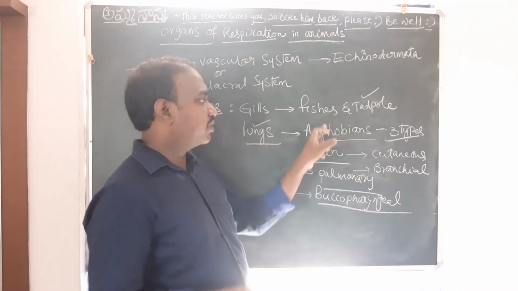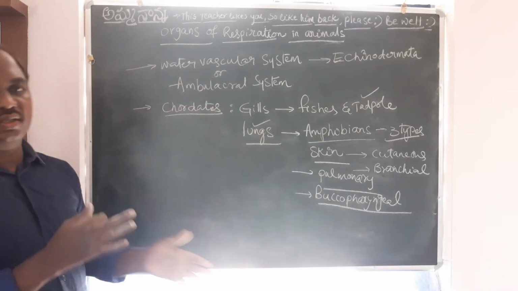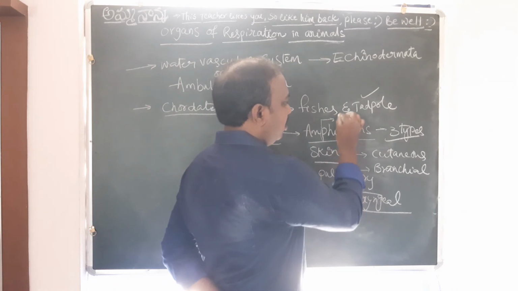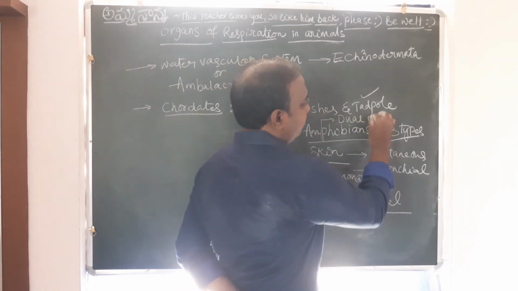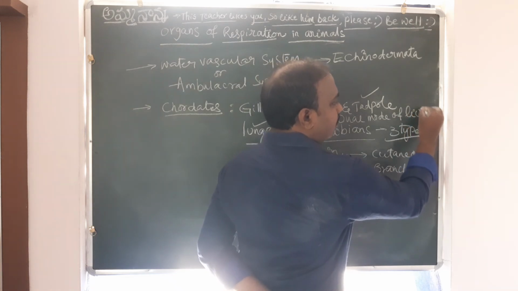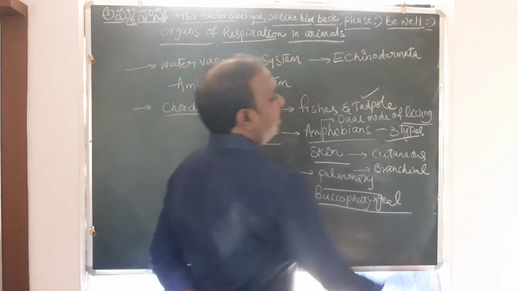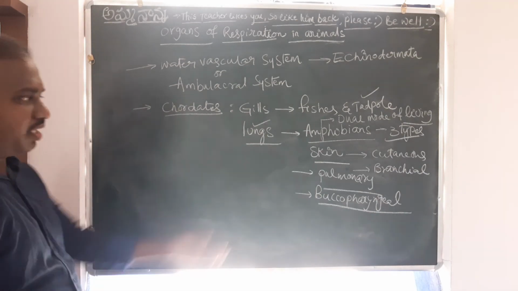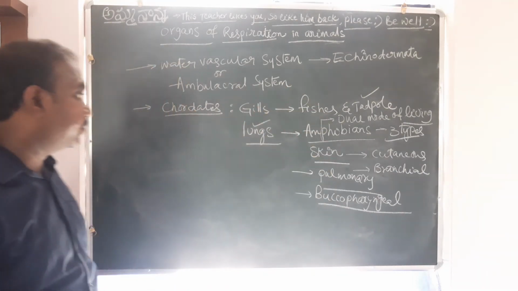Why is that here? Because amphibians have this dual mode of living. As a result of that, they have this diverse set of organs.